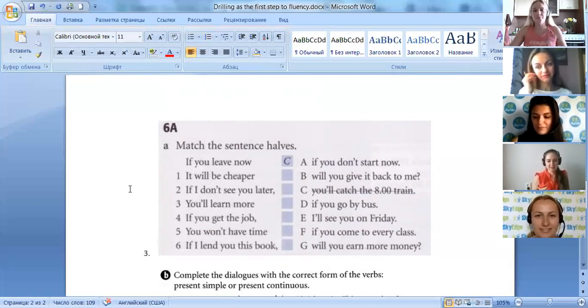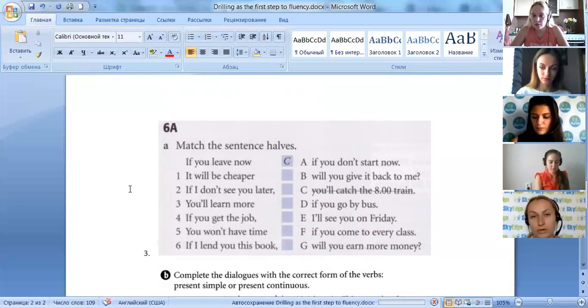Yes. Very good. Okay. Now, I read the first part and you read the second. Okay. If you leave now, you'll catch the 8 o'clock train. Yeah, thanks. It's 8 o'clock, right? It'll be cheaper if you go by bus. Good.